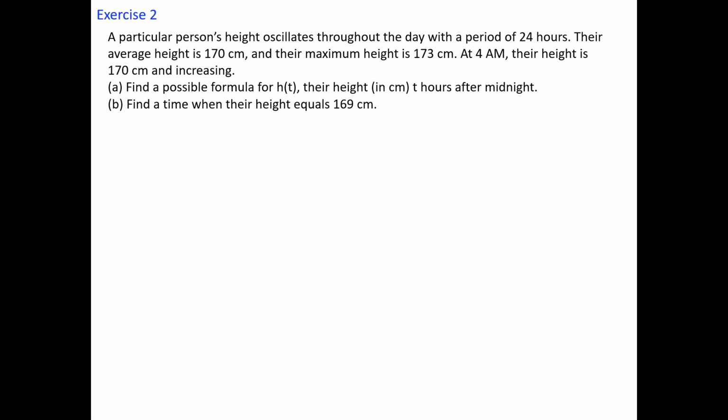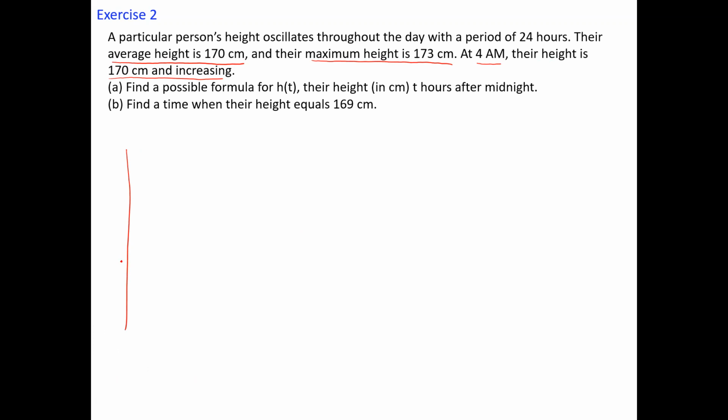Okay, so first of all, we have the average. Average, of course, is the midline. We do have the maximum, and it's telling us that at 4 a.m., the height is actually average, the midline. Okay.